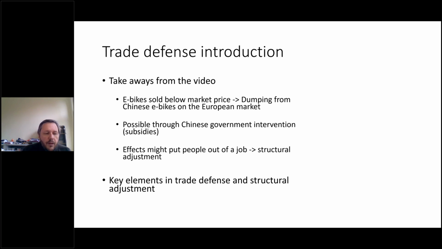This was an example where you might say the trading rules are not followed entirely and you create some kind of a situation of unfair trade. But in some cases, everybody plays by the rules, but you still create quite a bit of structural adjustment because in some countries there is more technology and know-how available to create certain products more cheaply, and then when they are exported to another country, that might undermine the position of a certain sector in that country.